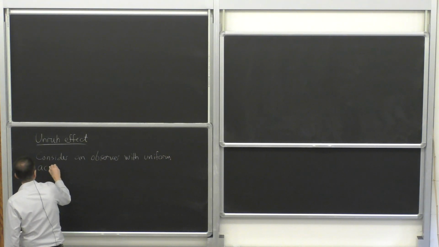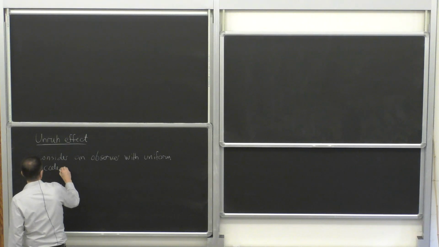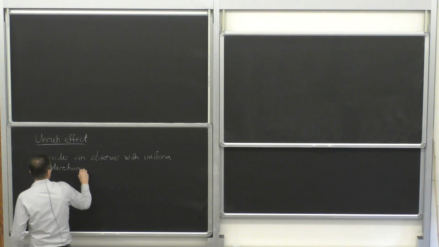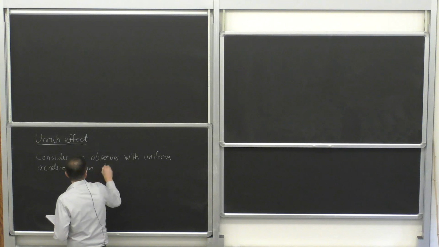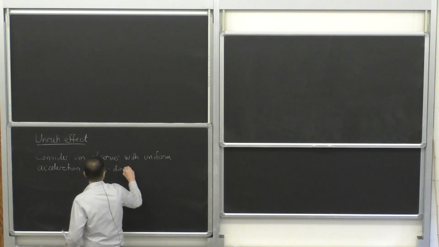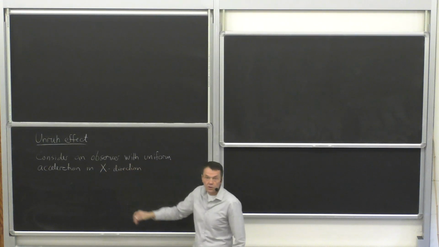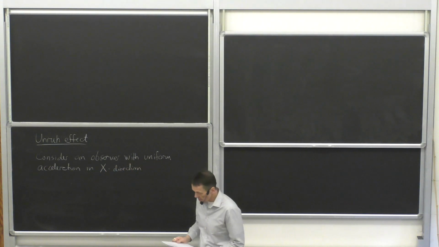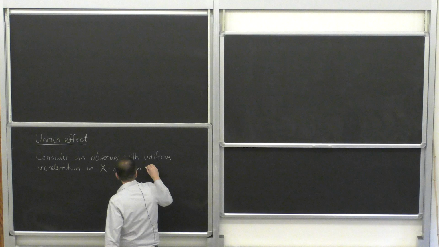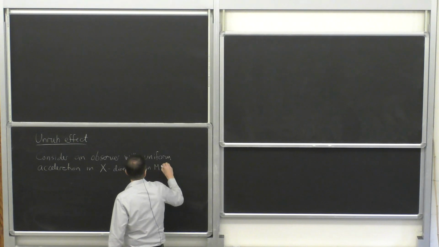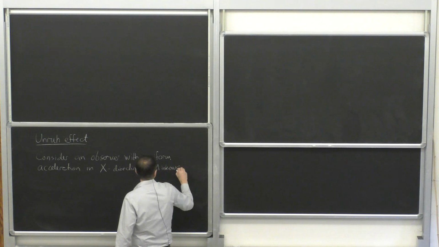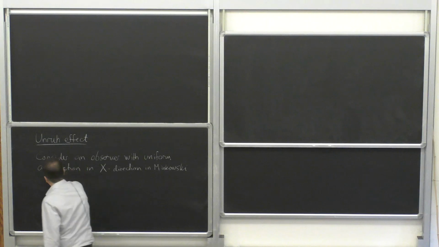And we're going to call that direction x because we can. And so the interesting discussion is only going to involve this one spatial coordinate x and time. And this is in Minkowski space-time.